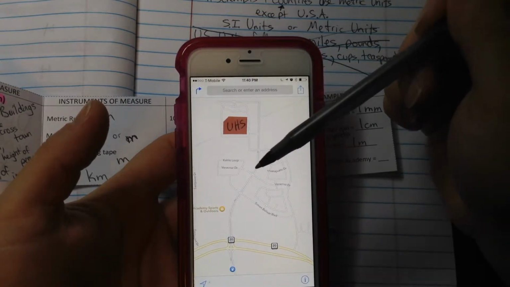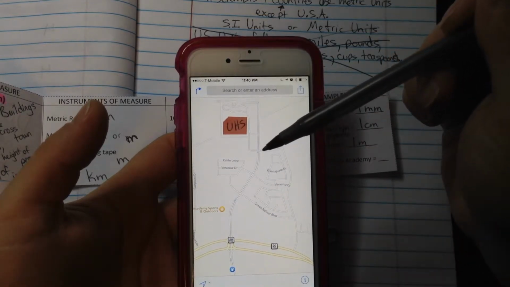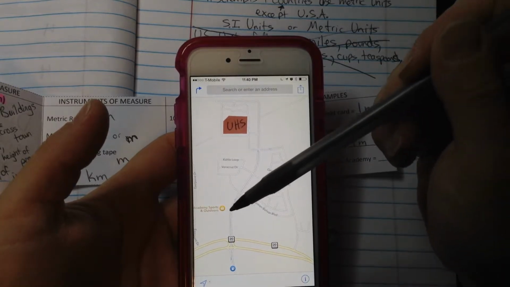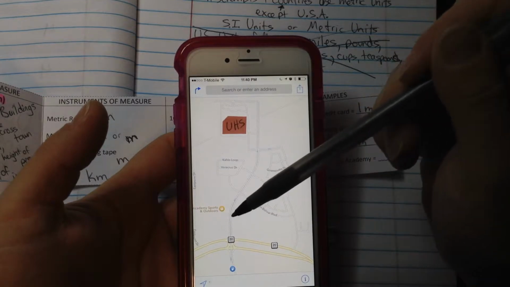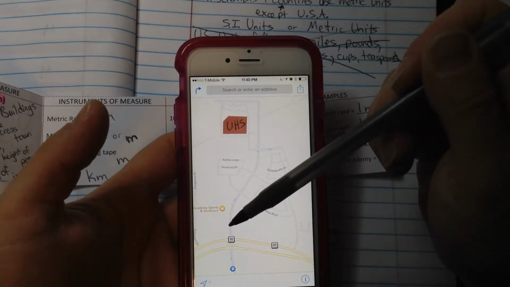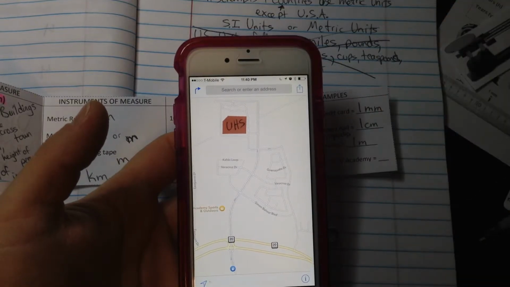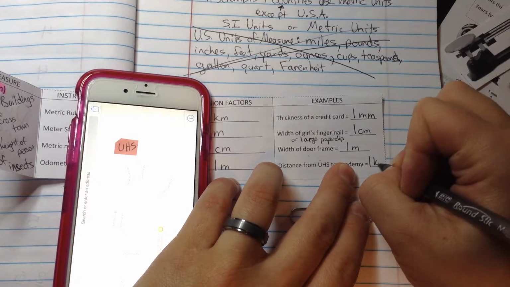From that intersection to the loop is 1 kilometer. Okay? It's actually not all the way to the loop. It's more to like that second entrance into Academy parking lot right there. That other entrance, so it's a little bit shy of that. So right from there to about right there is 1 kilometer. So the distance from UHS to Academy is 1 kilometer.